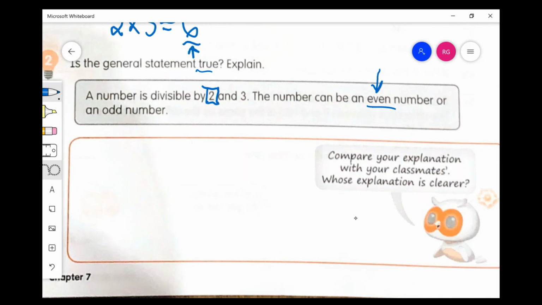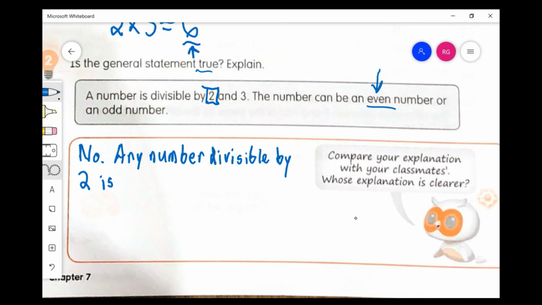We could do a few examples, but let's just say no. And we could say any number divisible by 2 is going to be even.